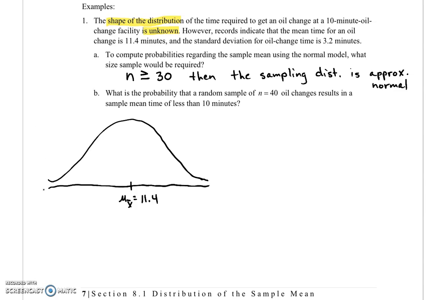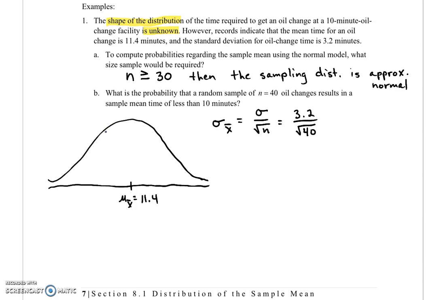What about our standard deviation? Well, remember our standard deviation for the distribution, or our standard error of the mean, is going to be the population standard deviation divided by the square root of the sample size, or 3.2 divided by the square root of 40.